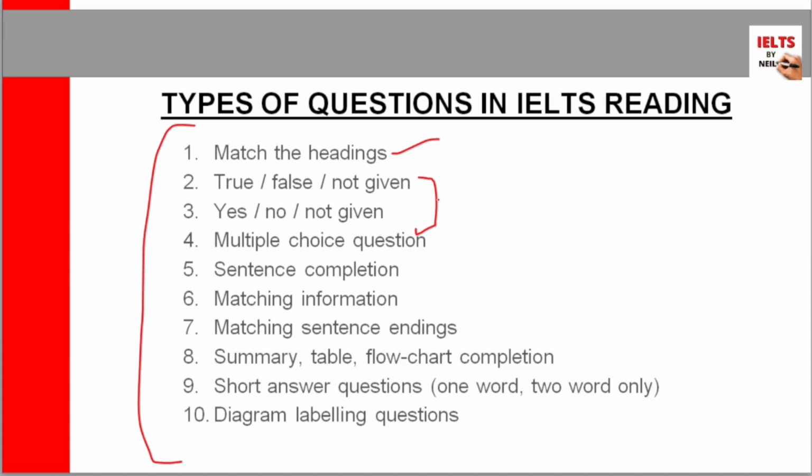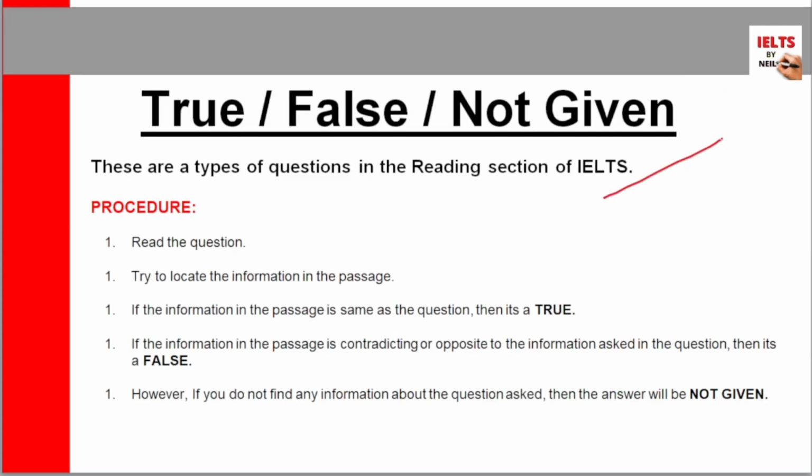To start with, true, false, not given are a type of question in the IELTS reading section. And what is the procedure to do these questions? First, number 1, read the question. Number 2, try to locate the information in the passage. And when you have found the information, try to read it and understand it and find out if that information in the passage is matching with the question asked, then it is true.